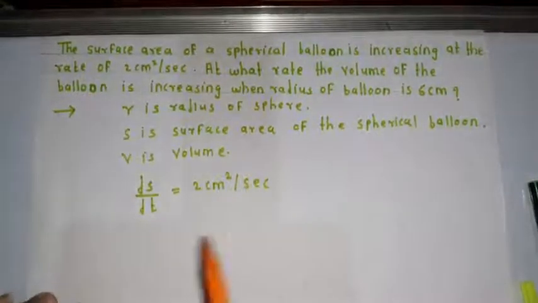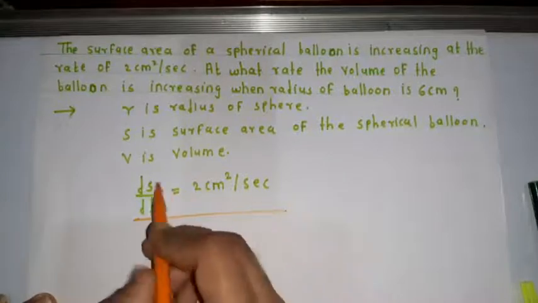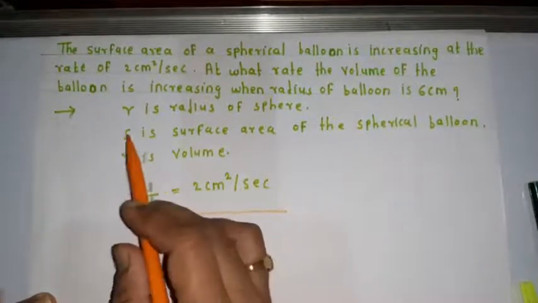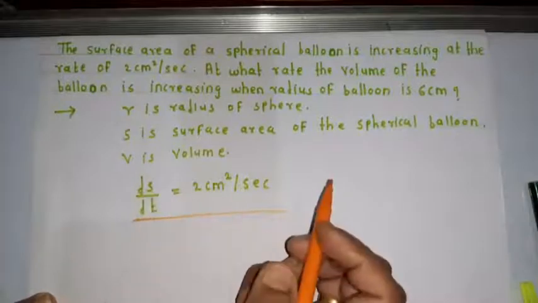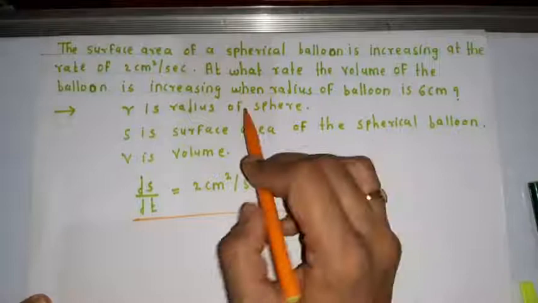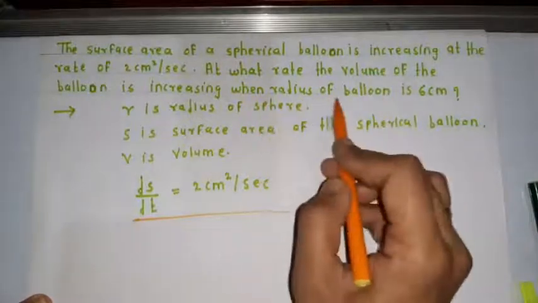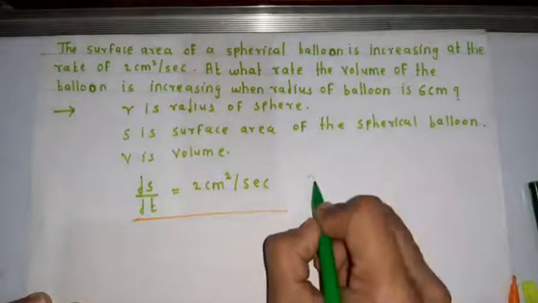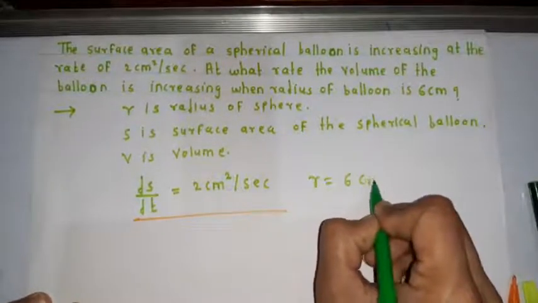Again, what they have given is that the radius of the balloon is 6 centimeter, so r equals 6 centimeter.